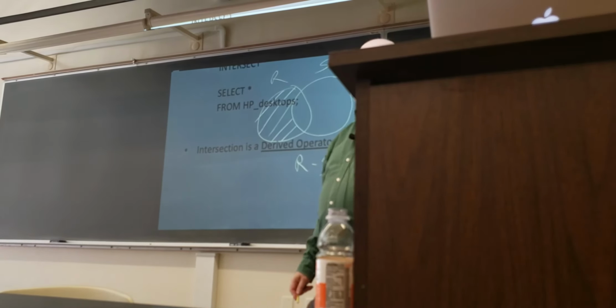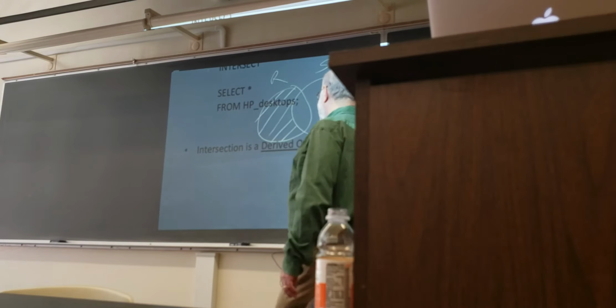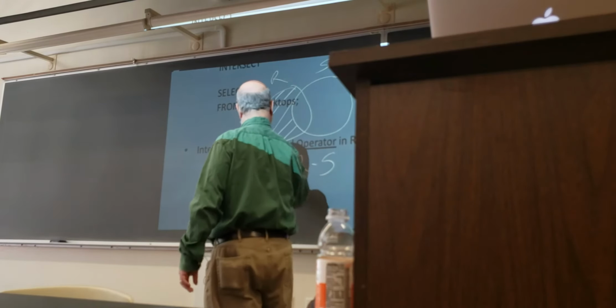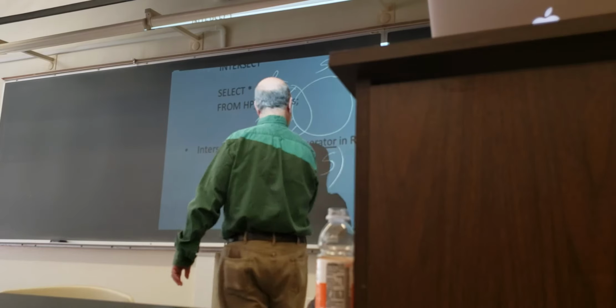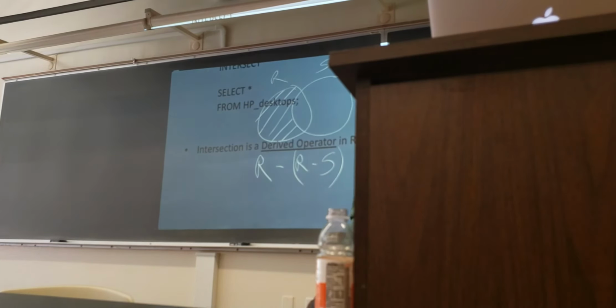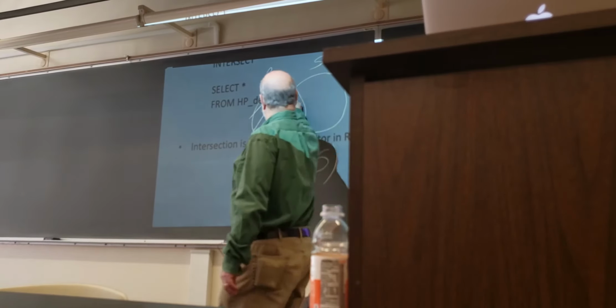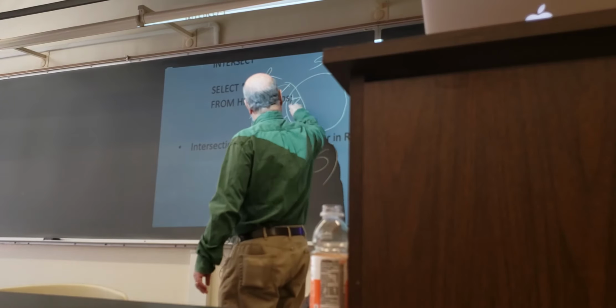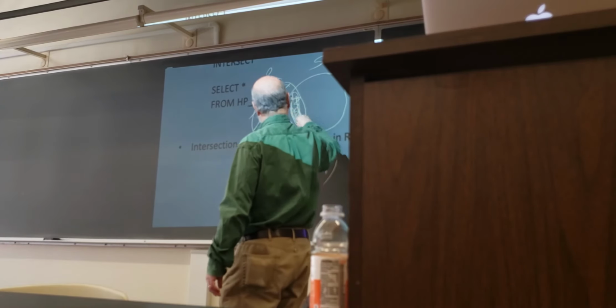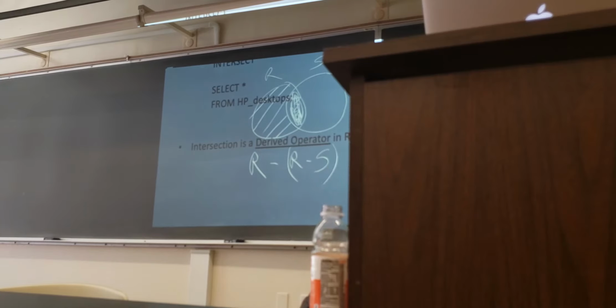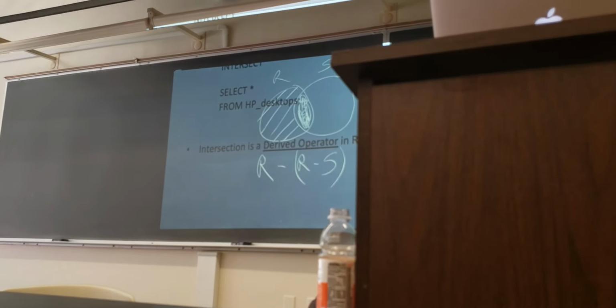And now, I'm going to take everything in R except what's in R minus S. What's in R except what's in R minus S? I wish I had multiple colors of chalk, but it's just going to be this crescent. What's in R that isn't in R minus S? The intersection.